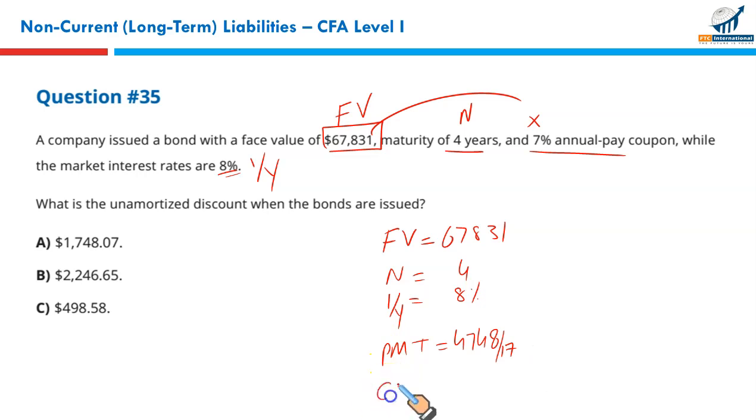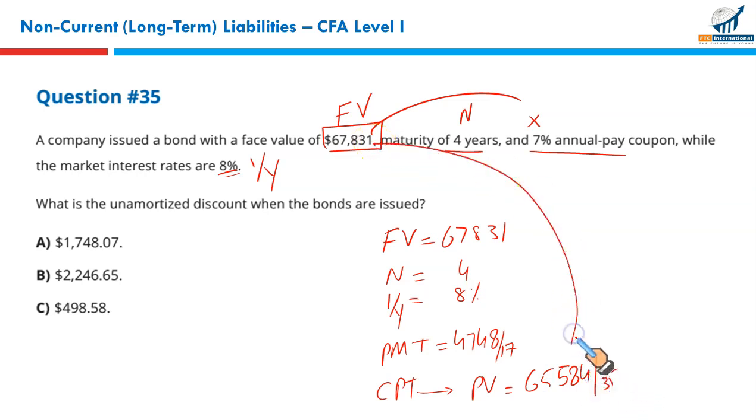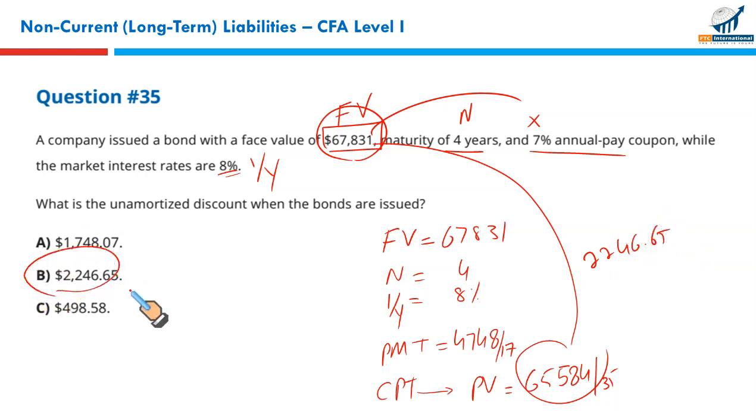You just need to calculate the present value, and if you input all these numbers in your financial calculator, you will get 65,584.35. The difference between the face value and the amount of proceeds received is your unamortized discount, and the difference between these two is 2,246.65. That makes B your correct option.